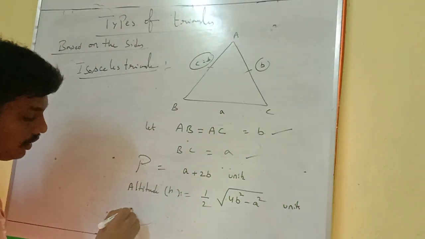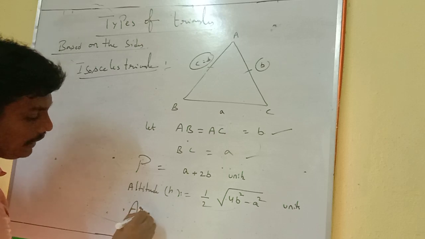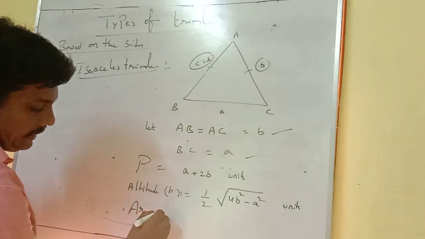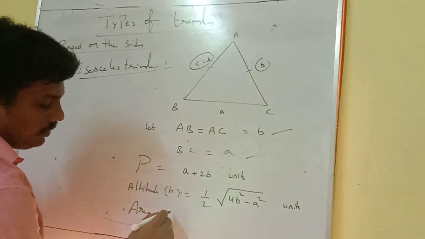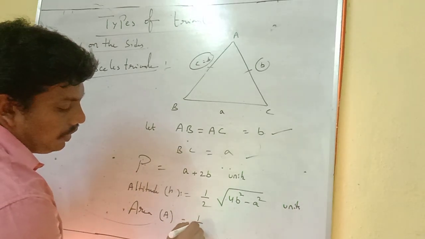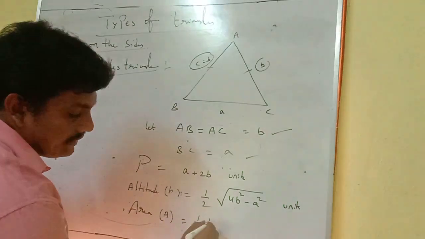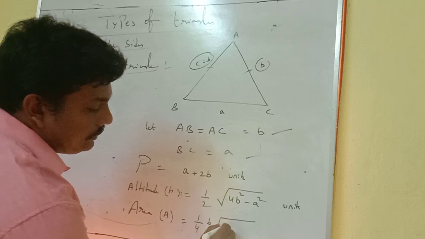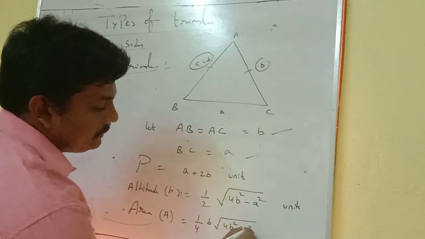Then what is the area? So area of isosceles triangle. Capital A is equal to the formula 1 by 4 into base into height, that is 4b square minus a square.